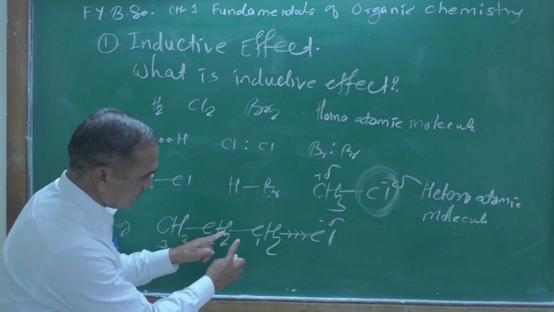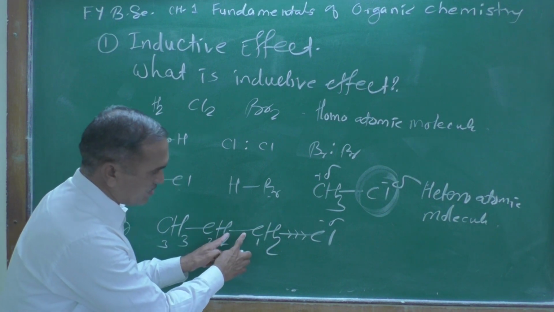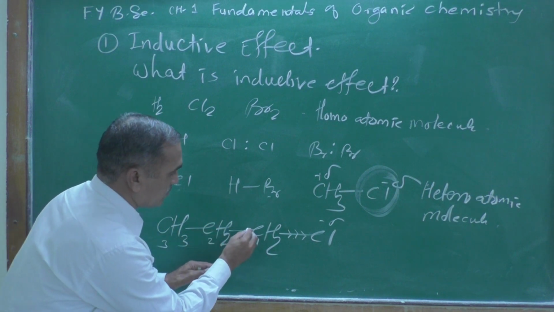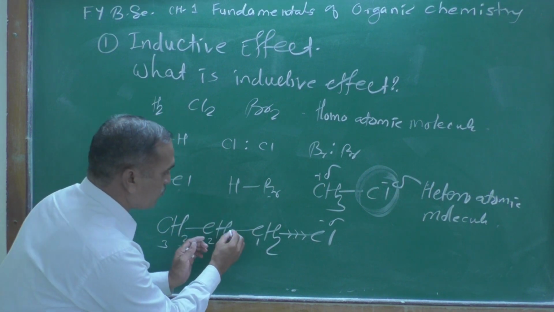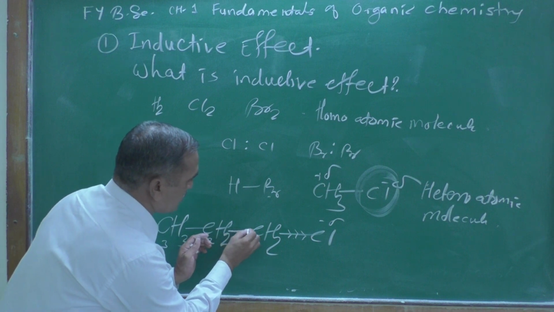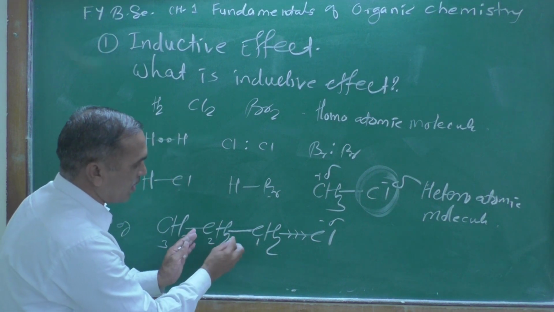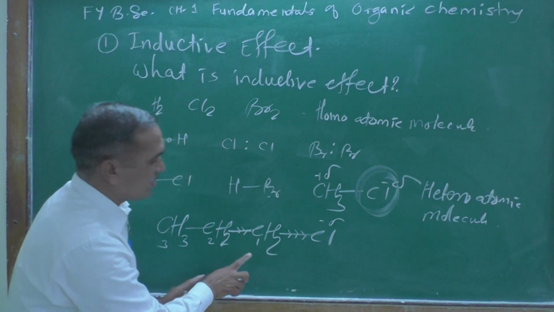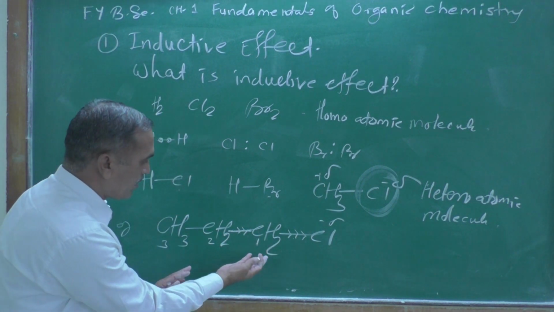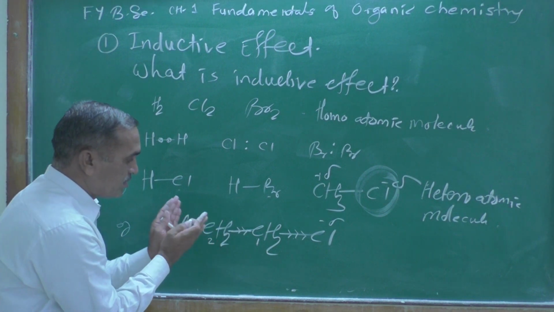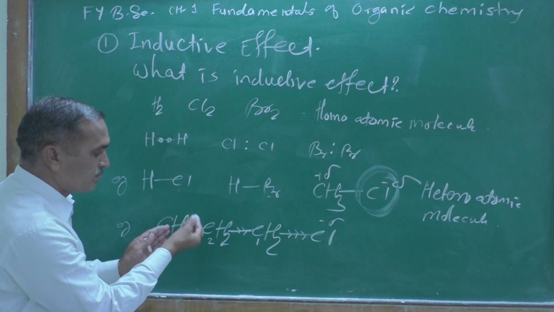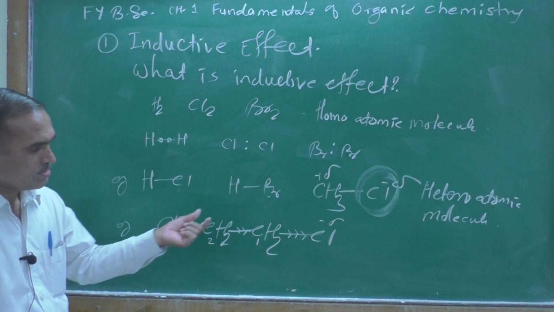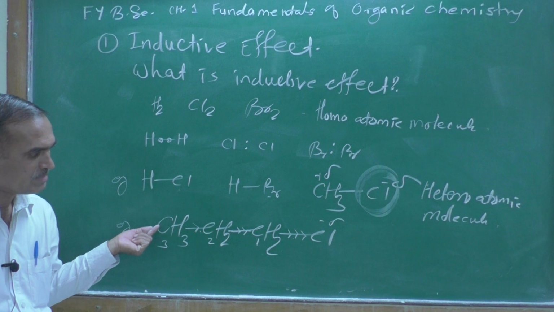The adjacent bond also gets polarized, because the electron density between these two carbon atoms goes toward the C1 atom. As the distance increases, the effect goes on decreasing.